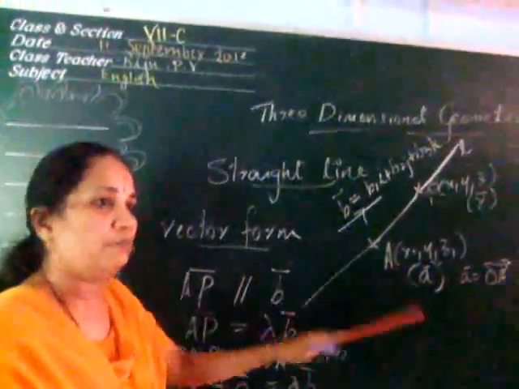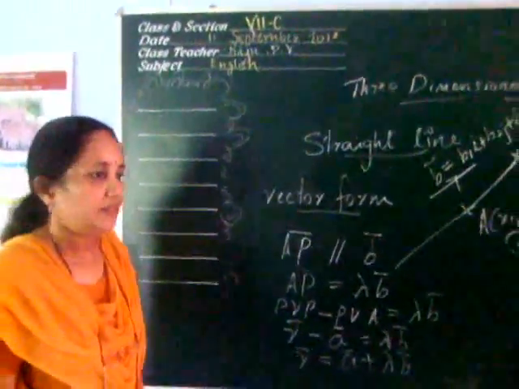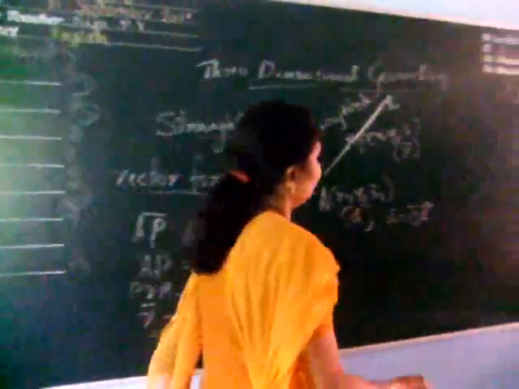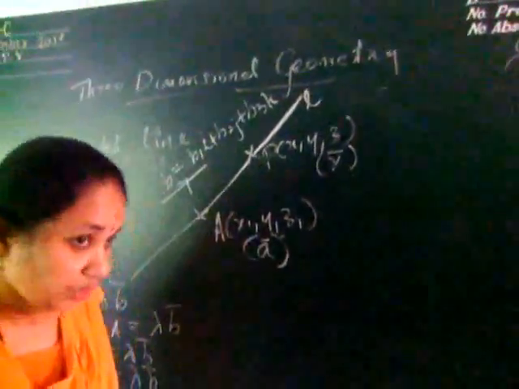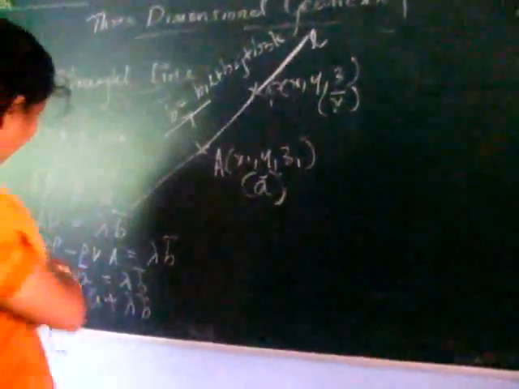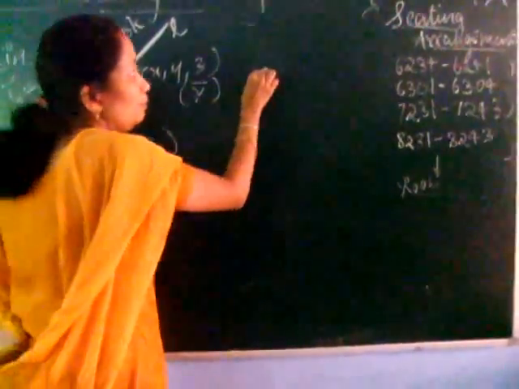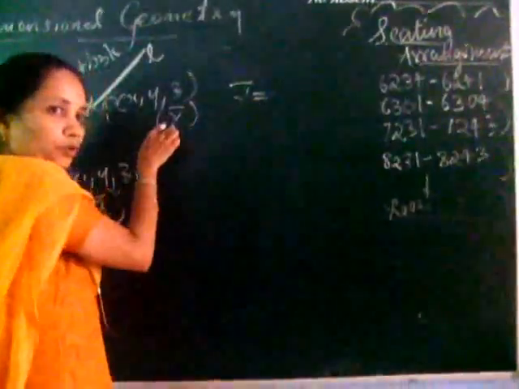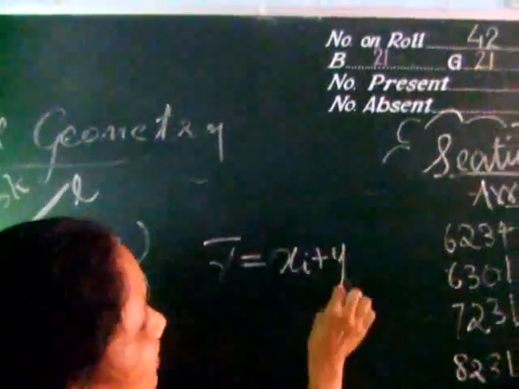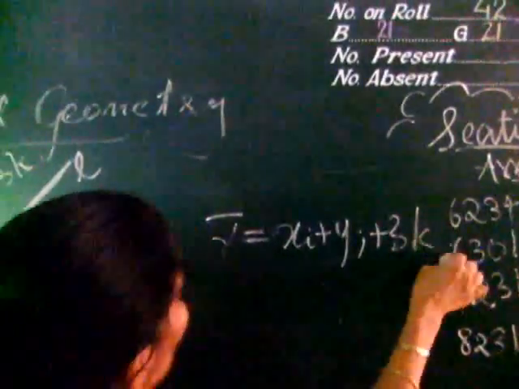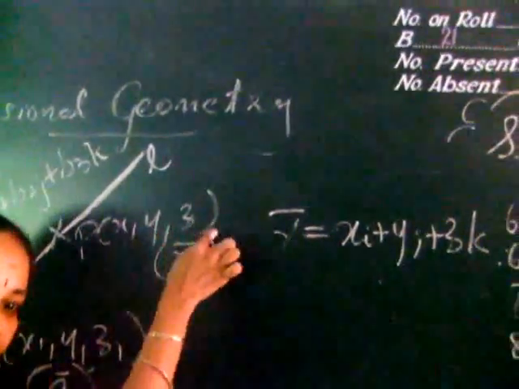And the second one: there is one more form, called the Cartesian form of the equation of the straight line. In the Cartesian form, we are going to derive it with respect to Cartesian coordinates. Here R is the position vector of the point P, so R is the same as xi plus yj plus zk, because the coordinates of the point are x, y, z.